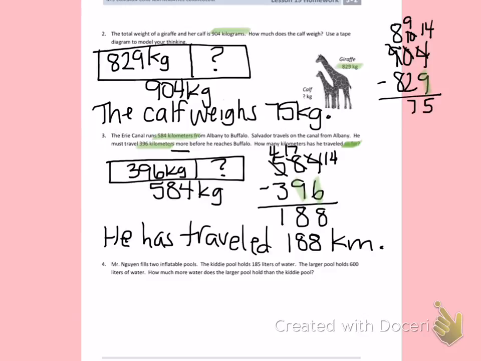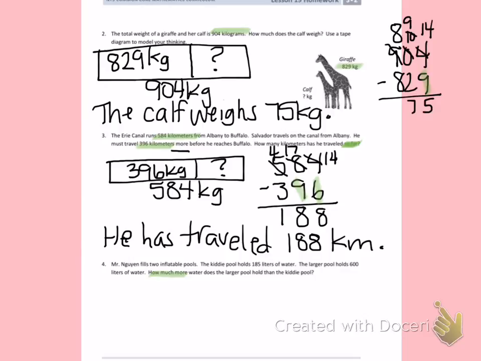Number 4. Mr. Nguyen fills 2 inflatable pools. The kiddie pool holds 185 liters of water. The larger pool holds 600 liters of water. How much more water does the larger pool hold than the kiddie pool? Here's some important information.